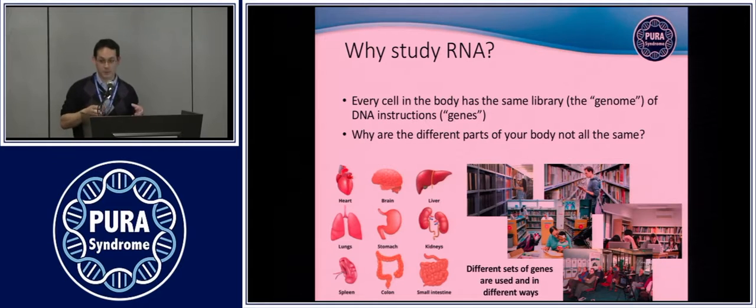Okay? And that's basically what's happening in your different cells, in your different organs. Different genes are active and making RNA in these different tissues. And that's part of why everything can have the same instructions underneath, but you end up with lots of different organs and tissues.